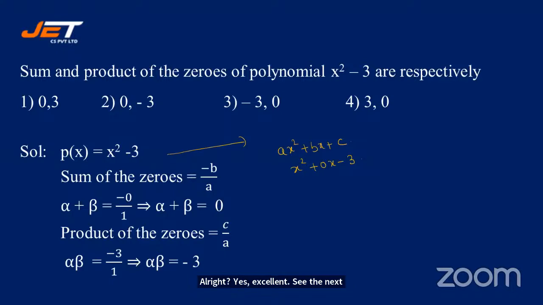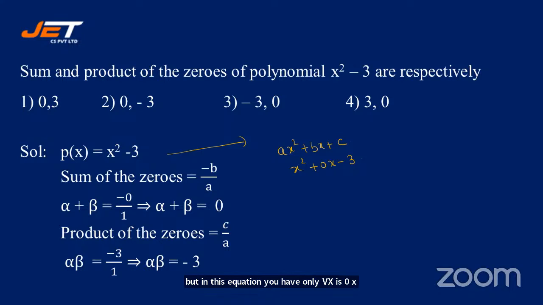The sum and the product of the zeros of the polynomial x square minus 3 are respectively dash. Here you may get confused because you don't have the x term. For your understanding, I have written it in the normal form ax square plus bx plus c. In this equation, you have only x square, b is 0, and c is minus 3.